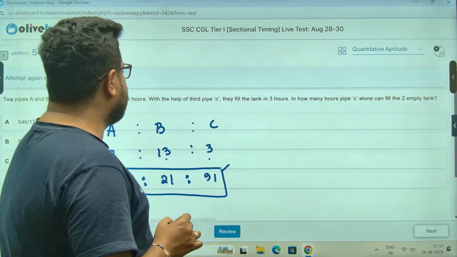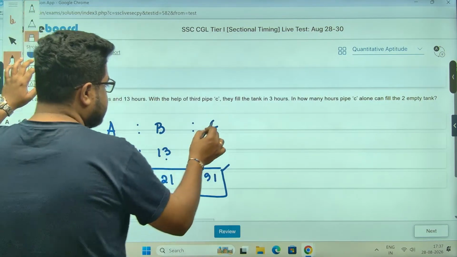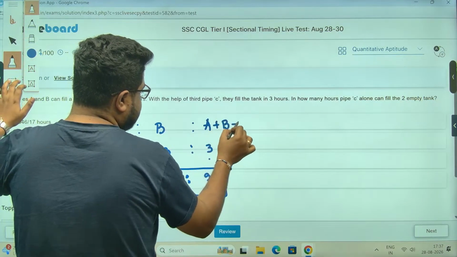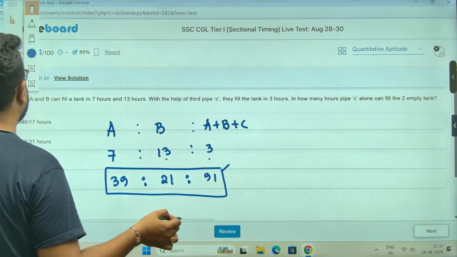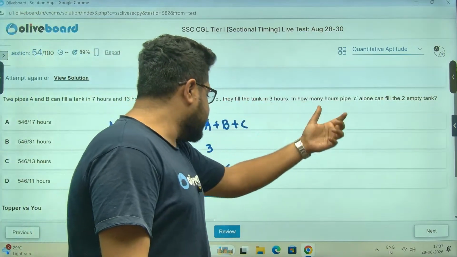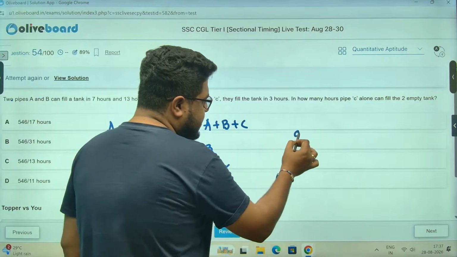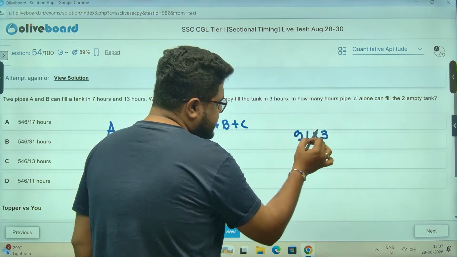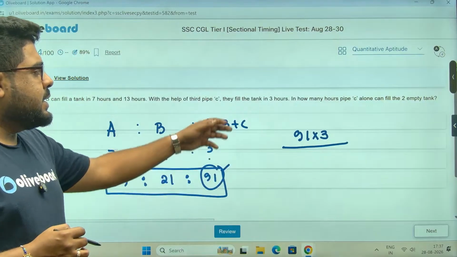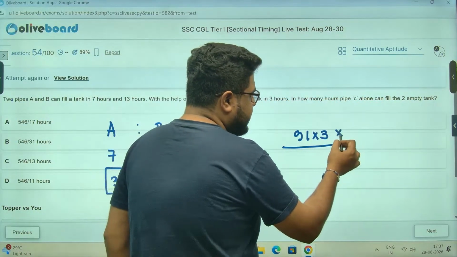Total volume will be how much? Sorry, my mistake. This is not C but A plus B plus C. With the help of C, all three together. That's why this is so high. Total volume: A plus B plus C can fill 91 liters every hour, takes 3 hours. This is total volume. Now, who will fill 2 empty tanks alone? 2 empty tanks meaning twice of this.